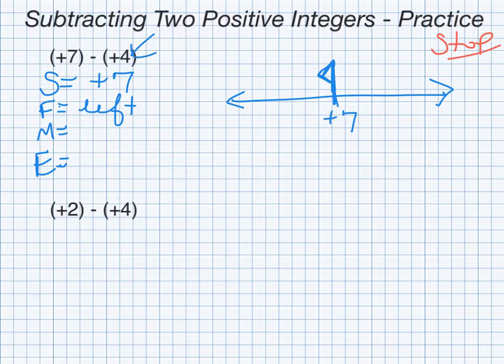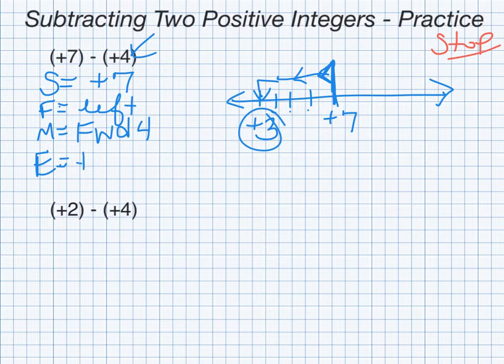Now, positive 4 tells me to move forward, and I move forward 4 places in this direction. This is forward. 1, 2, 3, 4. This is where we end. 6, 5, 4, positive 3, which I'm guessing you already knew was your answer, or your end place.